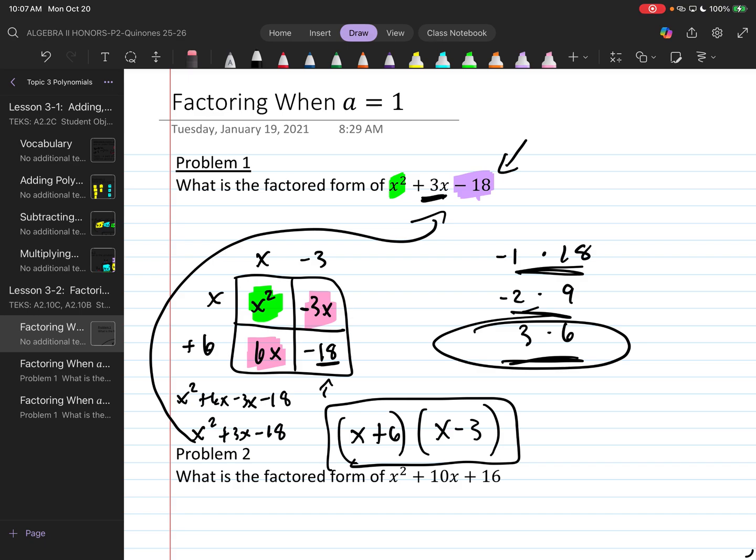This is why I like this method, because there's a lot of checks along the way for you to see if when you factorize this, you end up with your original answer. So that's why I like this method a lot. Box method plus guess and check. Are we okay, everybody?